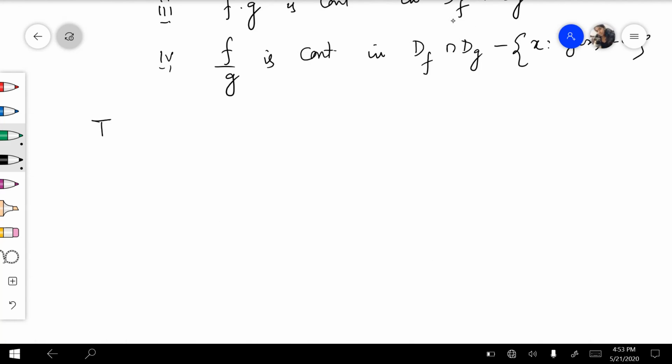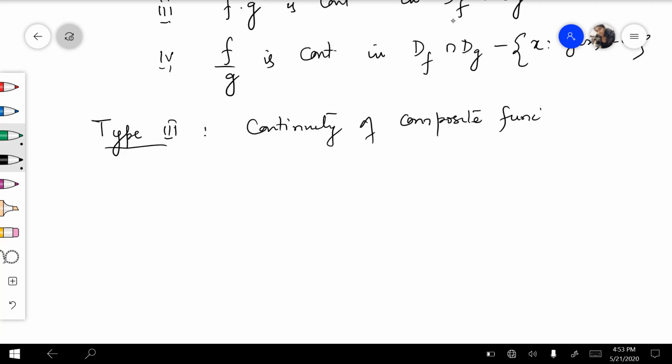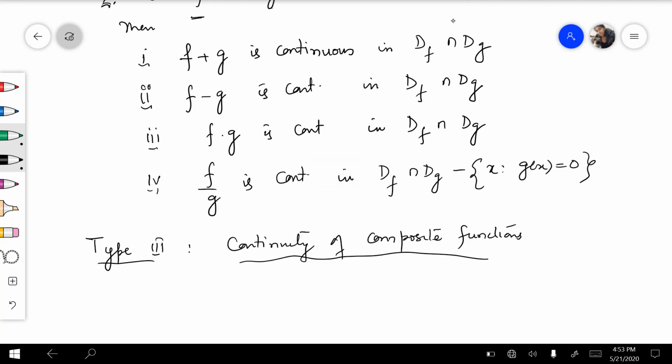So continuity of composite functions. The concept which we have discussed here is very useful in the third type.